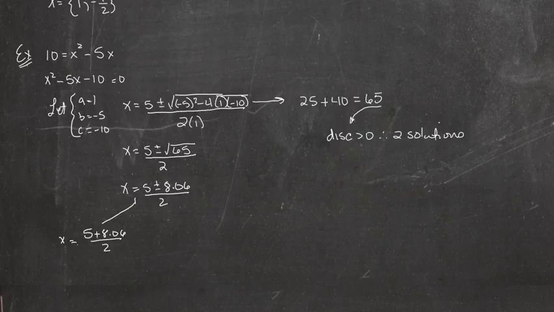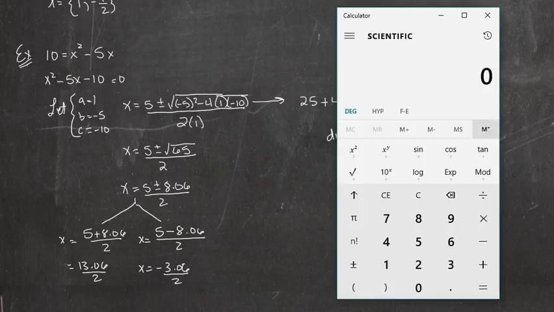So x could equal that, and x can equal 5 minus 8.06 over 2. In the first case, 13.06 divided by 2, and in the second, 5 take away 8.06 is -3.06 divided by 2.